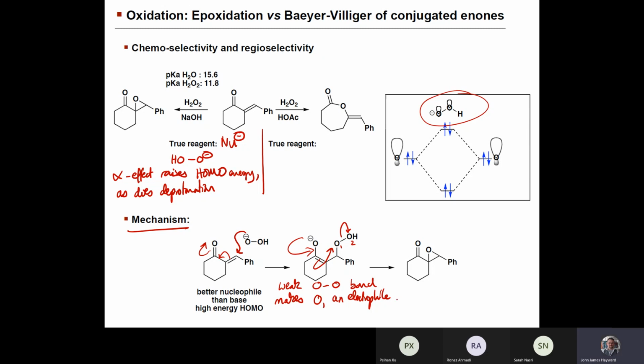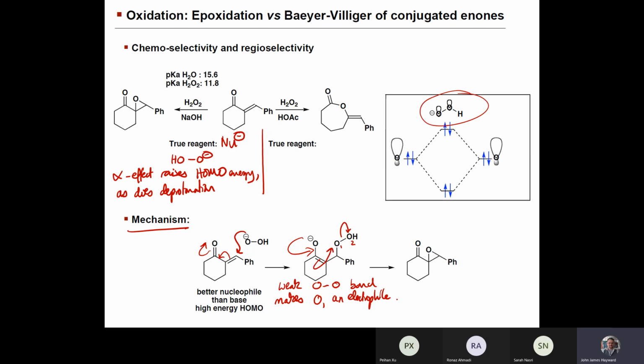Okay, now you may have been told in your first or second years of undergrad that hydroxide is a terrible leaving group. It is. It is a terrible leaving group. This is one of the very few reactions where you will ever see OH minus as a leaving group. But the reason it leaves here is because the OO bond is so weak that it just wants to leave.